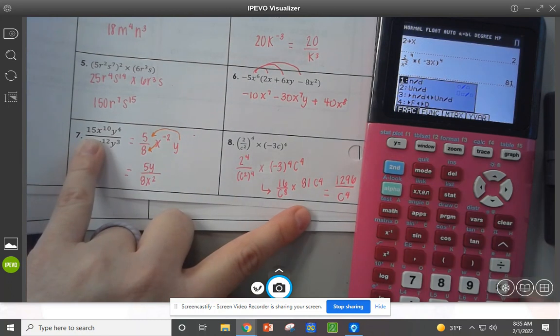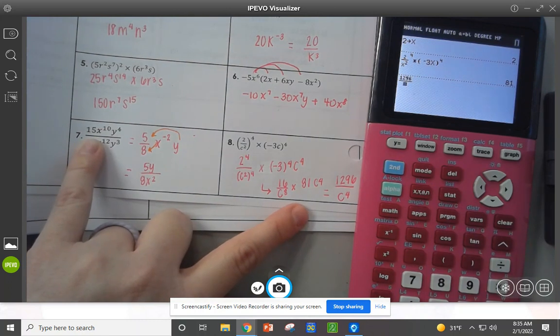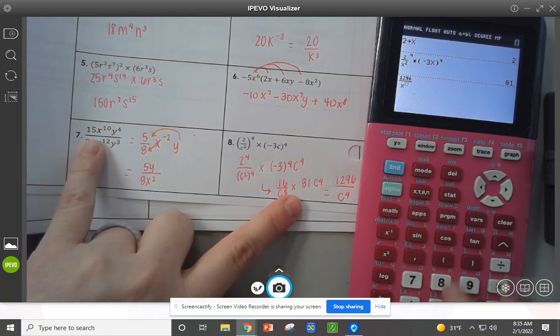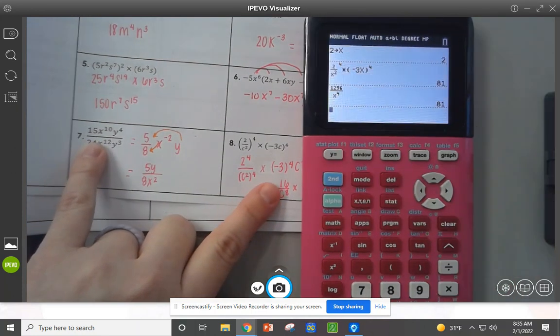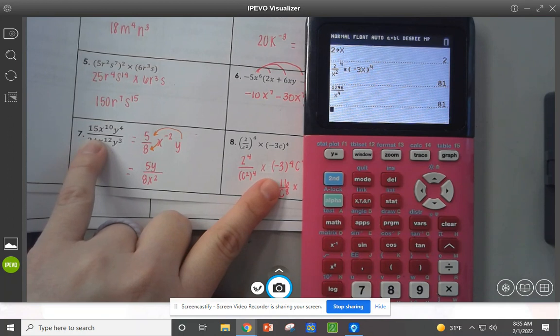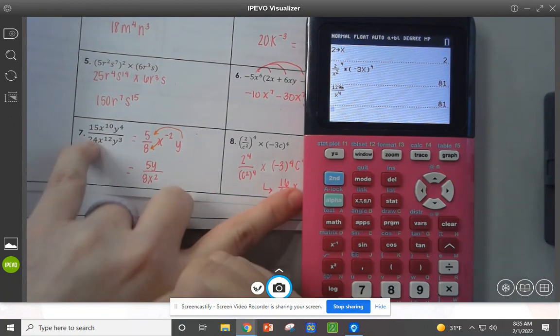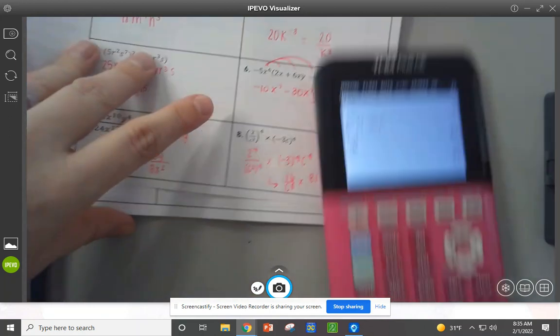And if I do 1296 over x to the 4th, you get the same answer. So that meant that we did it correct. It doesn't really matter what this number is, but if it matches, it's right.